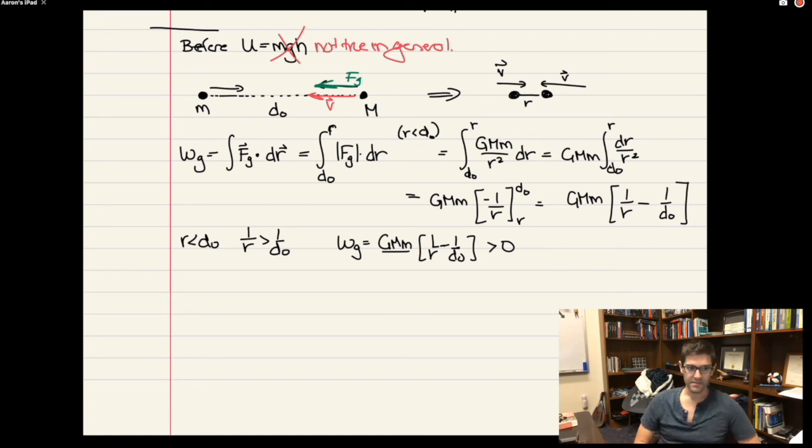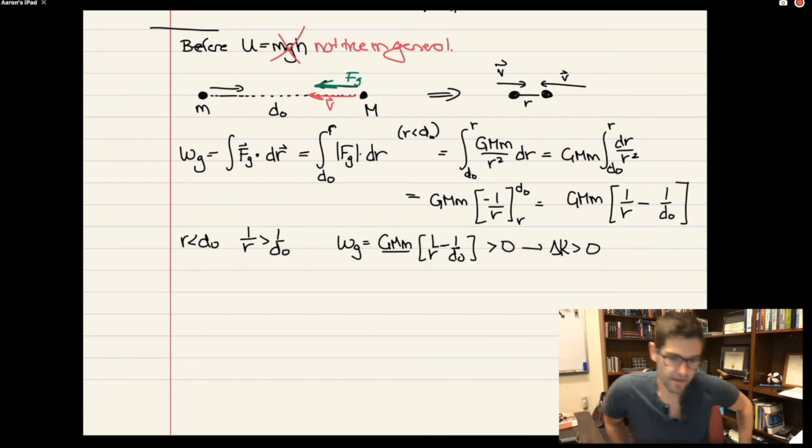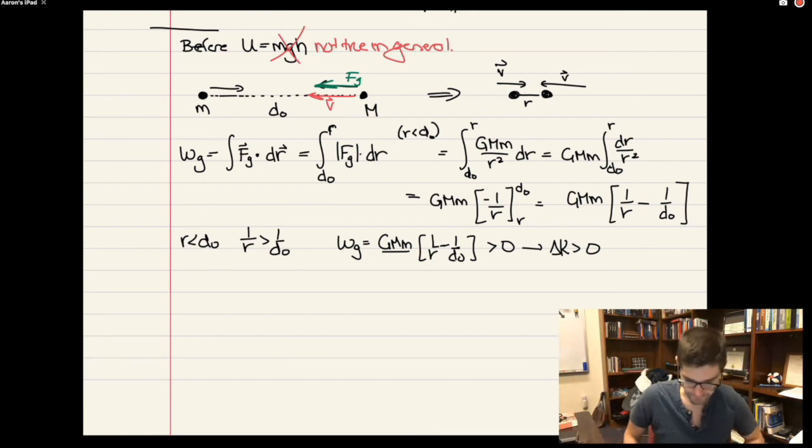In this case, the work is positive, which means the change in kinetic energy is positive, which should not be too surprising.